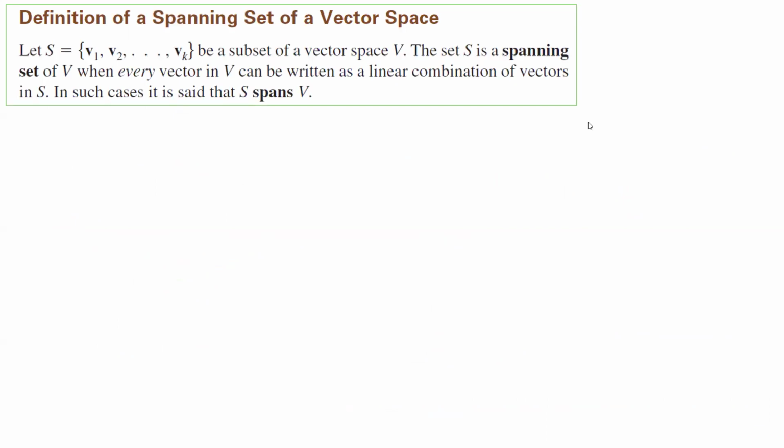Now that we define the linear combination, we are interested in defining something new, the definition of a spanning set of a vector space.